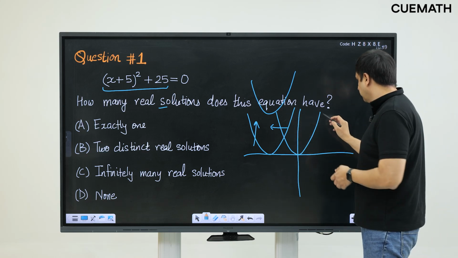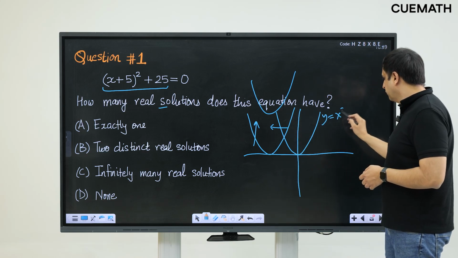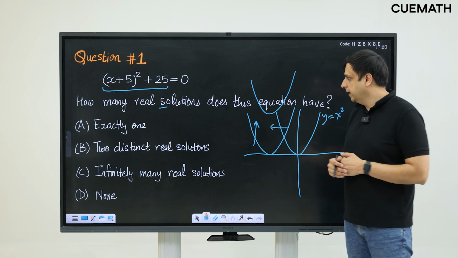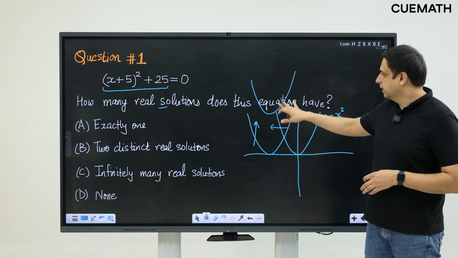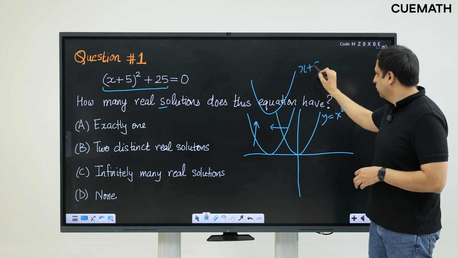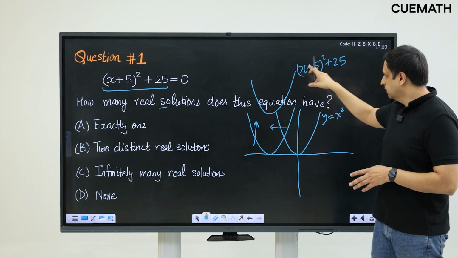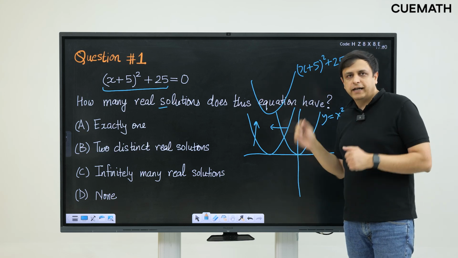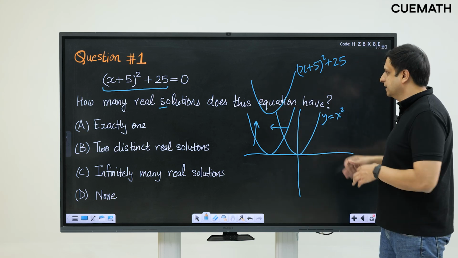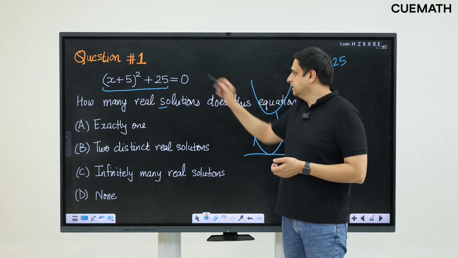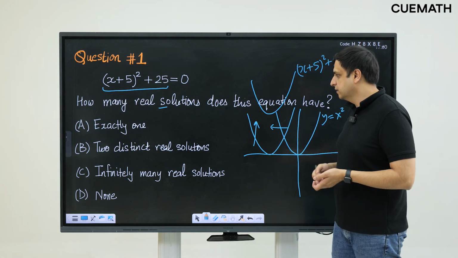You take the graph of y = x^2, shift it leftwards by 5 units and then upward by 25 units. It is clear from this that the graph will never intersect the x-axis, and therefore it will not have any real zeros. In other words, this equation will not have any real solutions.